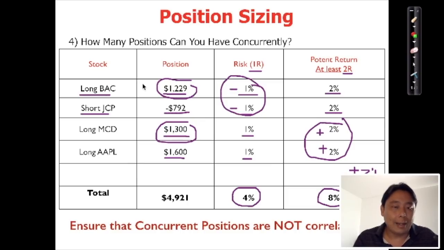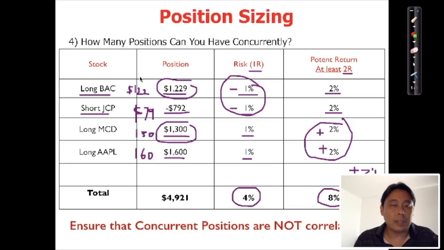Okay? So in other words, I only need $122 here. And 10% of that is like 79 bucks. 10% of that is $130. 10% of that is $160.